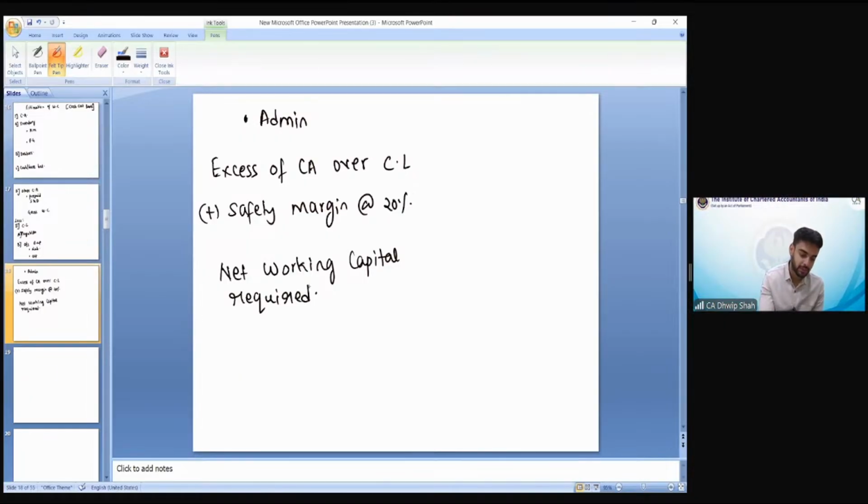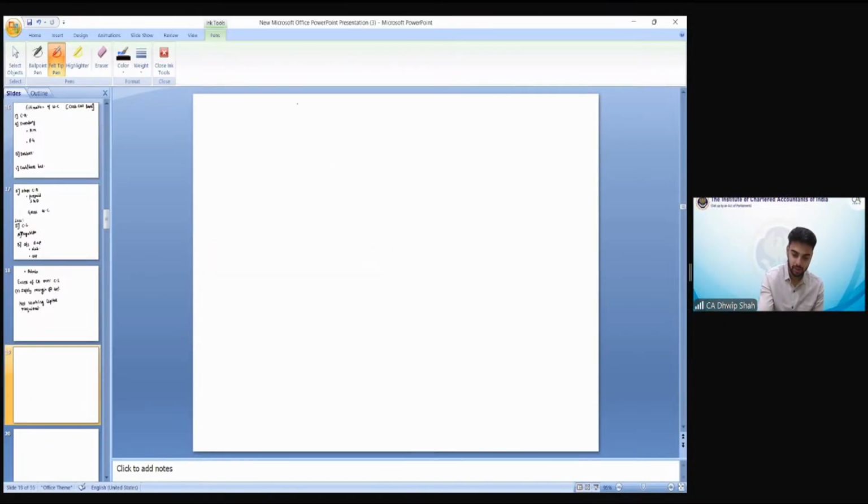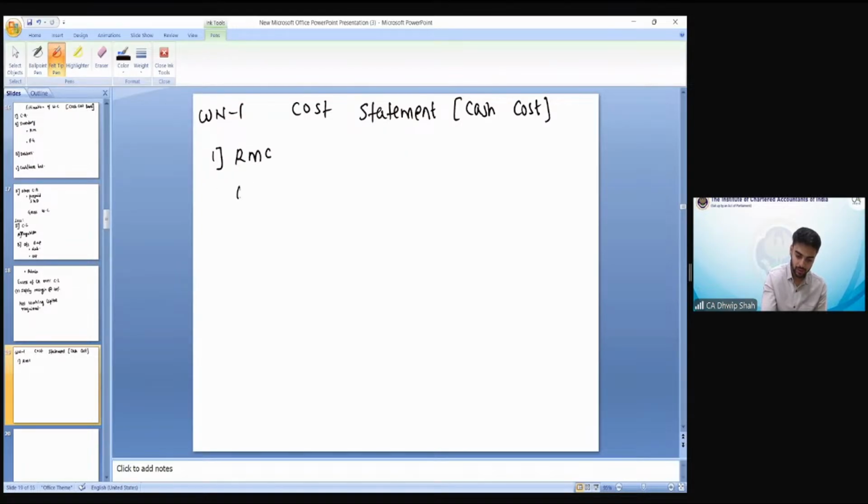Now to fill in the values of all the components, we need to prepare a source document called cost statement. So we will prepare a cost statement, cost sheet, in working note 1. Again, this cost sheet will be on cash cost basis. Raw material consumed, wages, manufacturing expenses.